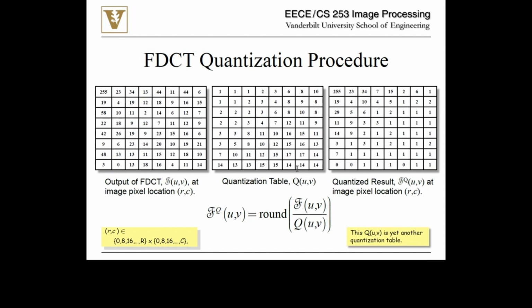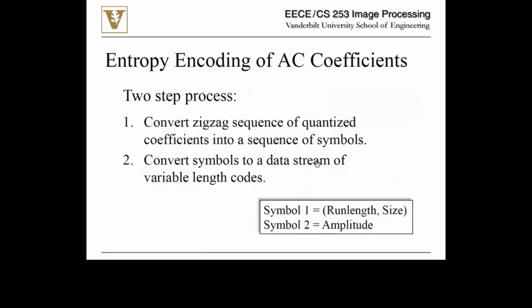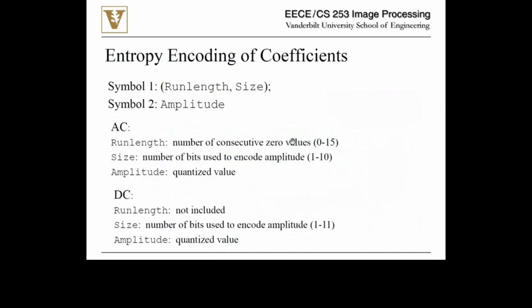So there will be a lot of zeros there. So I have to send how many consecutive zeros I have, and what is the number of bits to encode the next amplitude, and then the amplitude. And that is for the AC. For the DC, we do it differently.